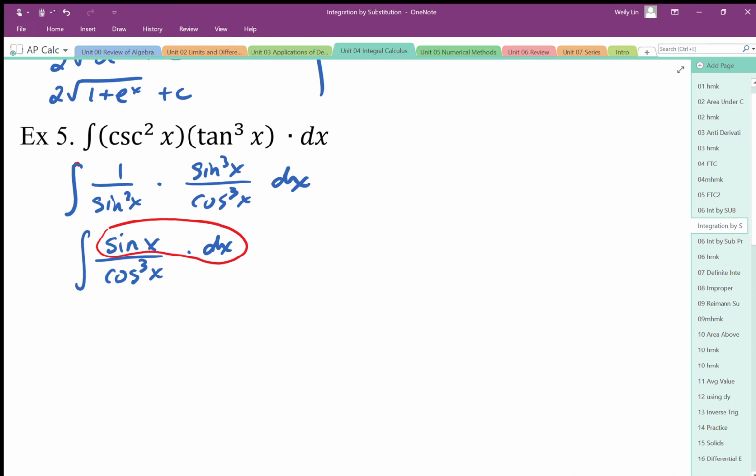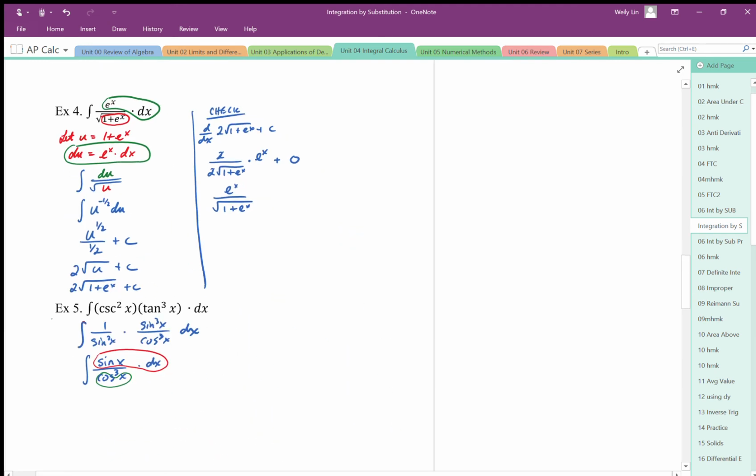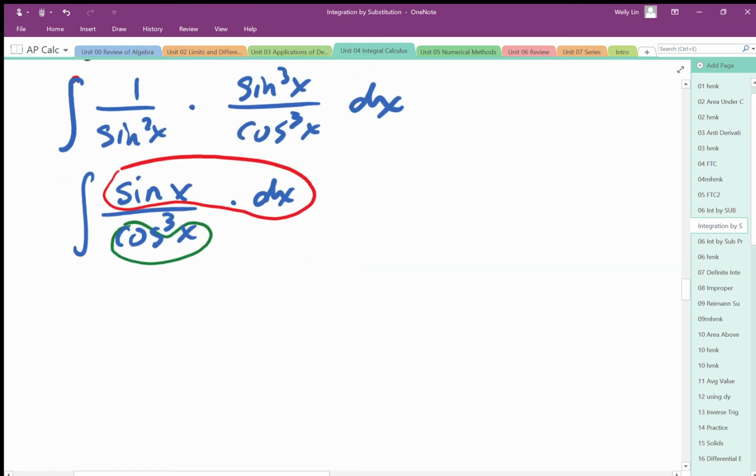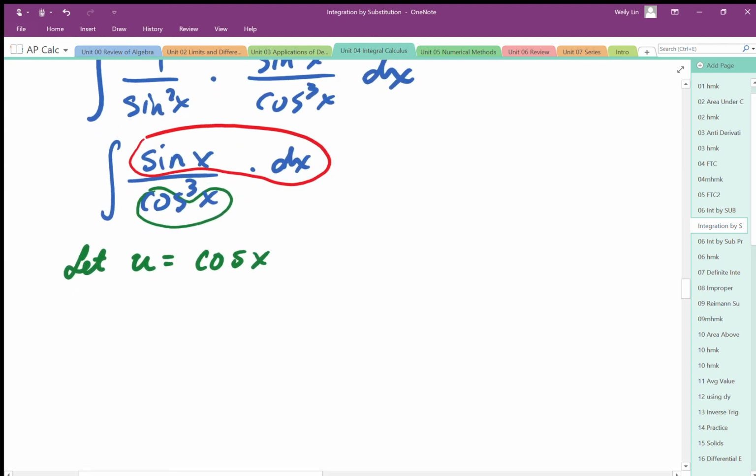So here we're going to let our inside be our cos x function, and then see if we can generate this sine x dx from its derivative, which it will. So I'm going to let u equal cos x, not cos cubed, but cos x. Now the derivative of that u is going to generate our sine function.